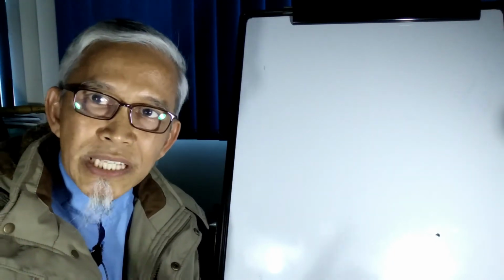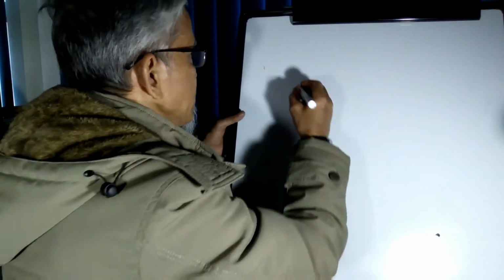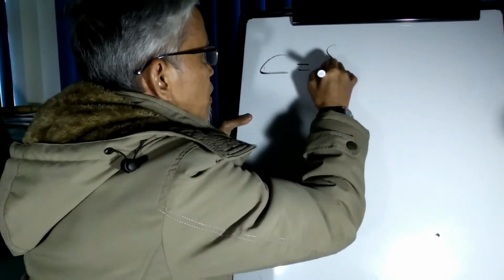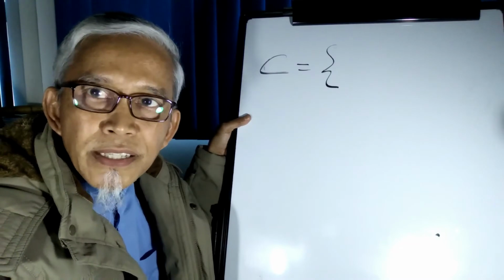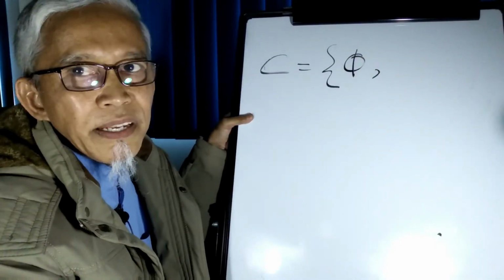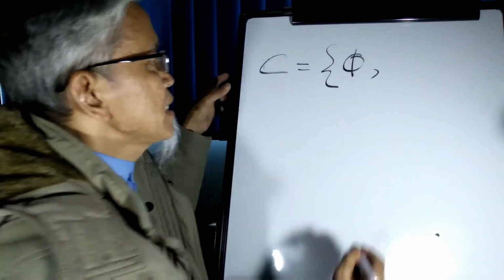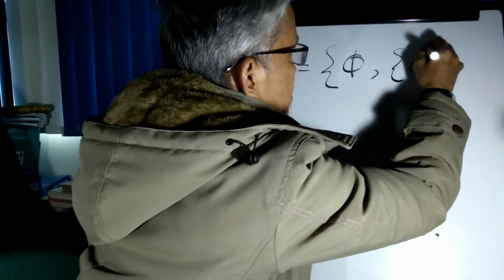Now let's discuss our last example, example number 3, in explaining the concept of power set. Suppose that we have a set C. Suppose that this time set C contains elements like this: the empty set, and also one small set in set C, a set like this.